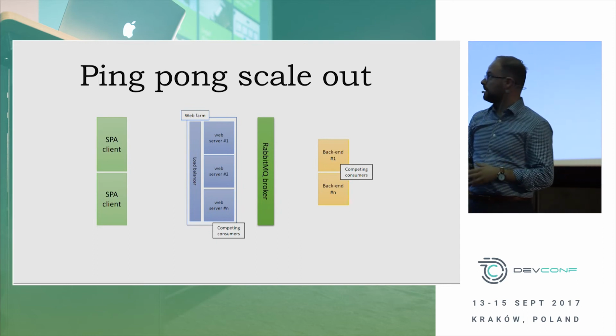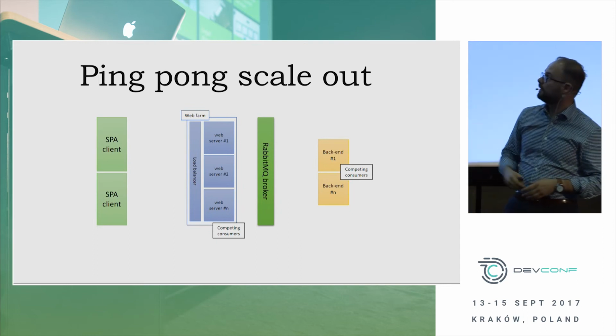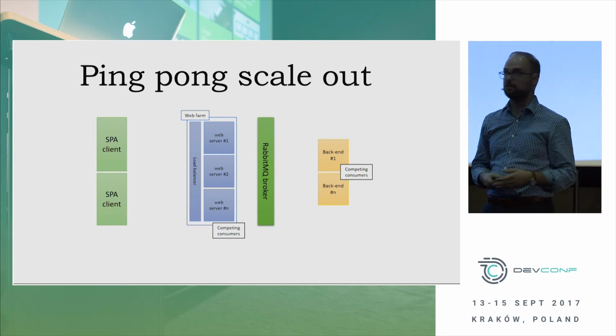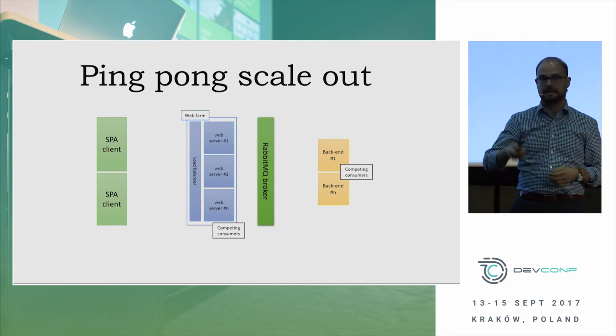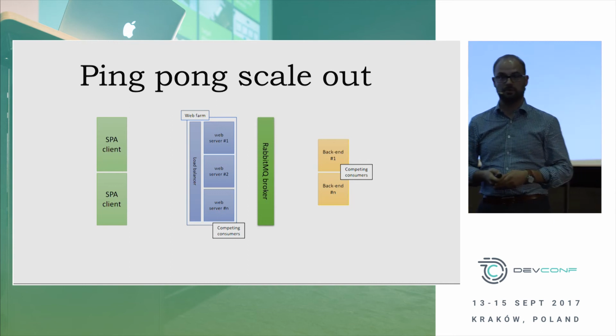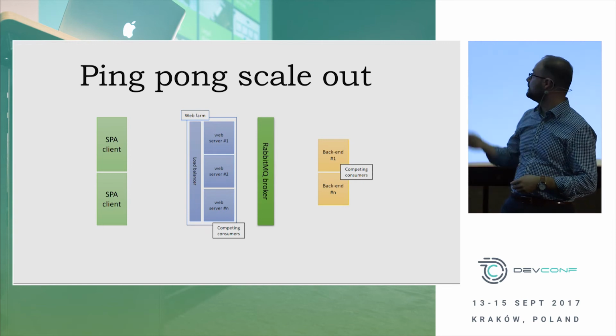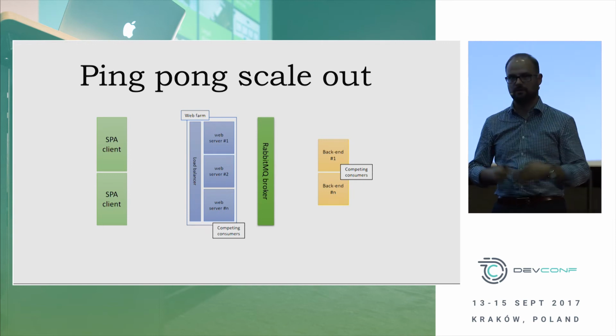So let's take a look. Let's imagine that we now have a web farm that has 3 front-end web servers behind the load balancer. So the SPA clients are connecting to some server, we don't know which one. We have the RabbitMQ broker, and we have 2 instances of our backend service.